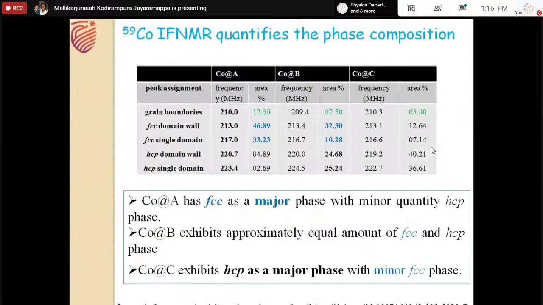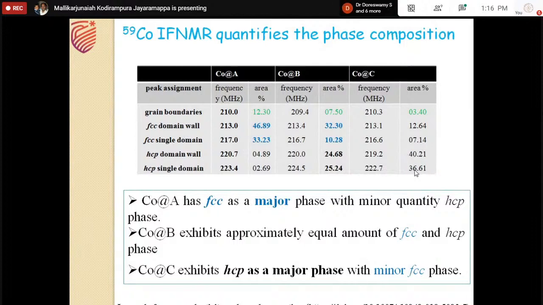When we quantified the observables, we were able to identify the area corresponding to those peaks, and the portion of FCC when we prepared with water. When we prepared with ethanol as a solvent, we got more composition, in the sense our compound formed in the HCP phase, as given in this phase composition, 40 plus 30.